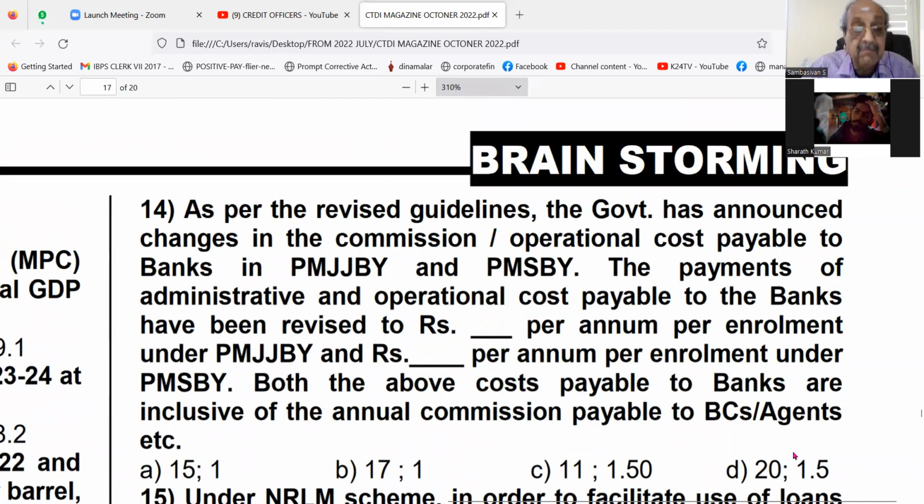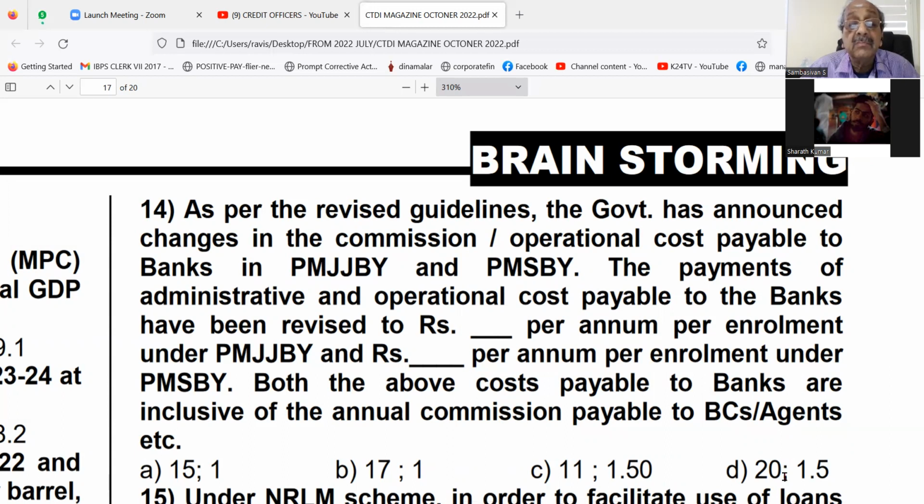Now I think you can read this. Question number 14. As per the revised guidelines, the government has announced changes in the commission or operational cost payable to banks in Pradhan Mantri Jeevan Jyoti Bima Yojana and Pradhan Mantri Suraksha Bima Yojana. The payments of administrative and operational cost payable to the banks have been revised to rupees dash per annum per enrollment under Pradhan Mantri Jeevan Jyoti Bima Yojana and rupees dash per annum per enrollment under Pradhan Mantri Suraksha Bima Yojana.